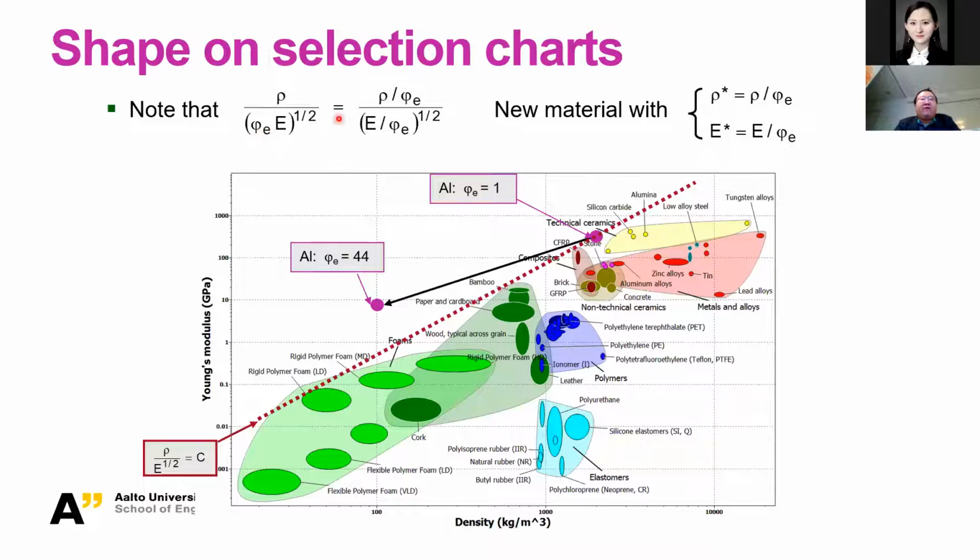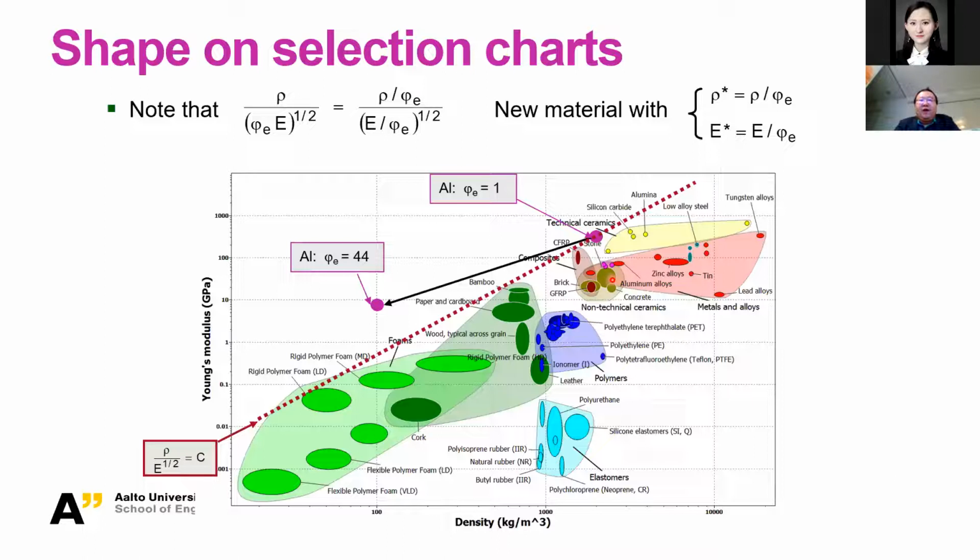You have such a factor, and now we just bring the shape factor into it. You would have a rearranged rho and also E modulus, and then you can put this into the diagram. If we just look at the shape factor as 1, you see aluminum is here, which is not one of the best.